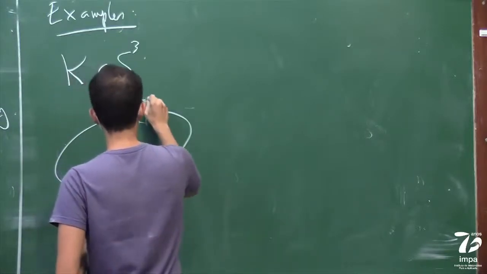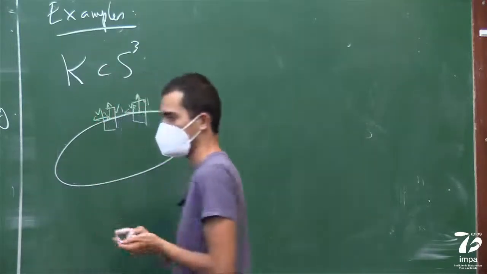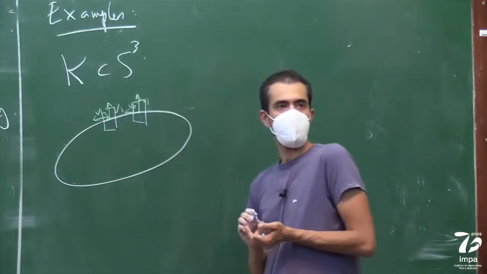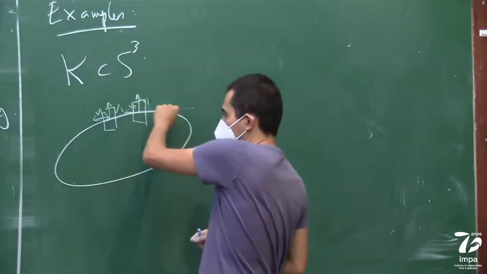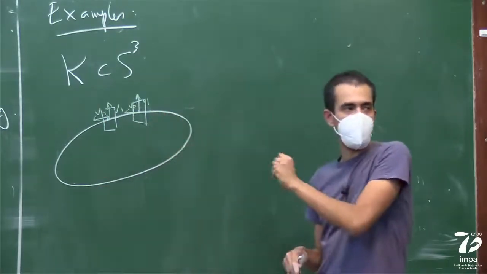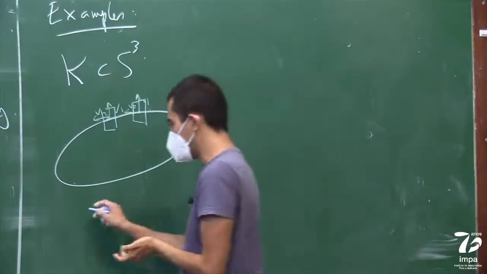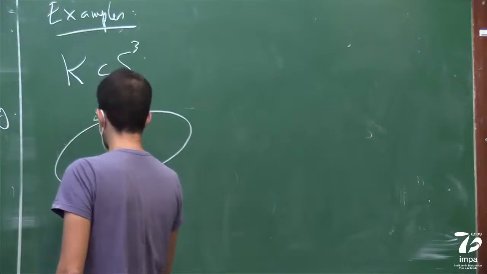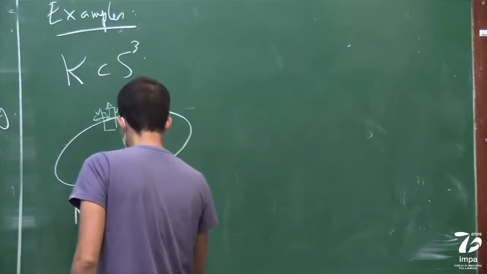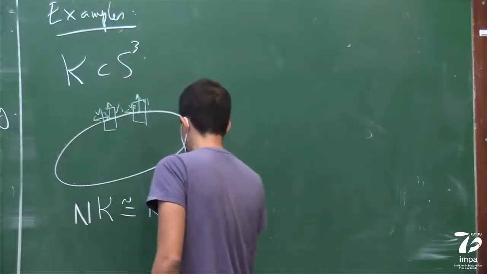I have to choose a basis at every point. If I choose a basis for the normal space at every point of the knot, that will give me an isomorphism of the normal bundle to the knot and k times R^2.